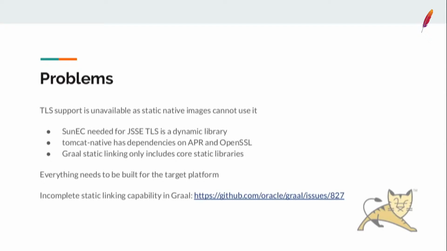For example, I can't build a static native image that will run on BusyBox with TLS support because of missing SunnyC and Tomcat native. I tried, it's not possible. So you need to either run a container that is based on Fedora, like my laptop, or forget about TLS. So that's not cool.